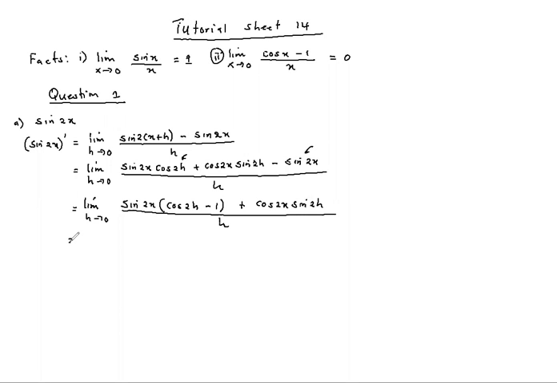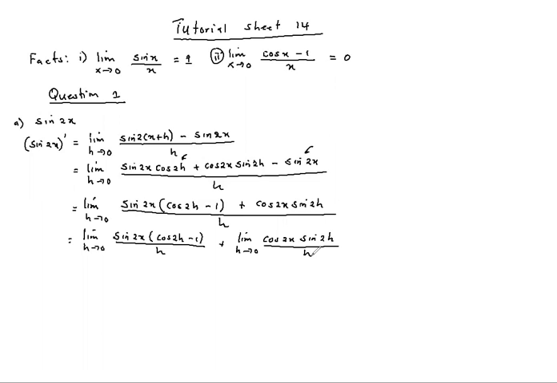we can separate. We have the limit as h goes to 0 of sine 2x (cos 2h minus 1) over h plus the limit as h goes to 0 of cos 2x sine 2h over h.